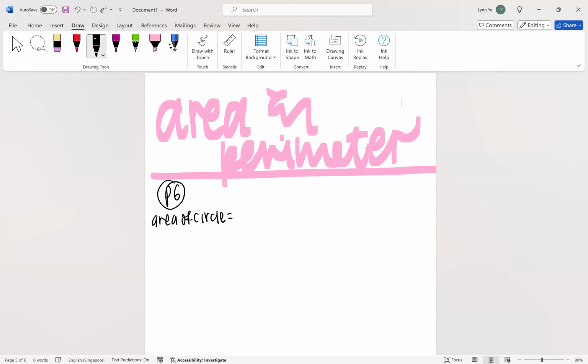Very good. Pi r squared. And then what do we learn to find circumference? What is the formula? Pi d. And what is d representing? Diameter. Okay? So this is what we learned in primary 6.